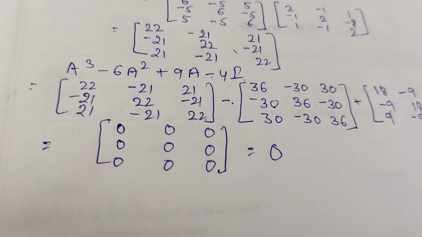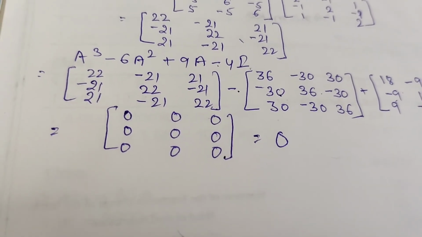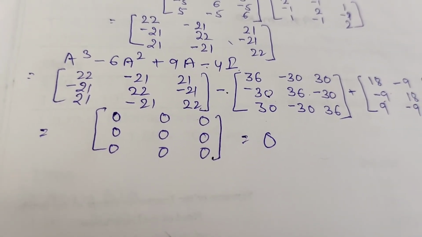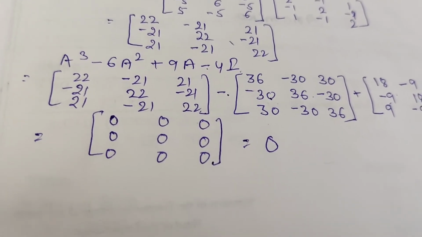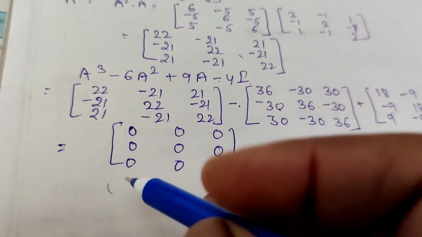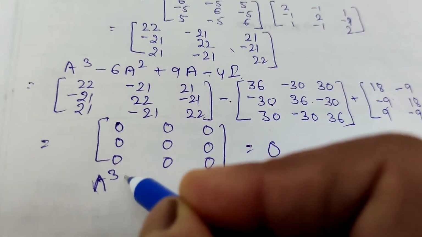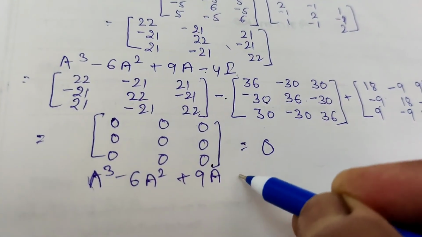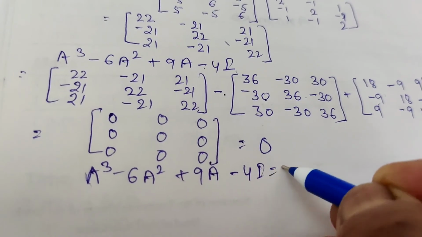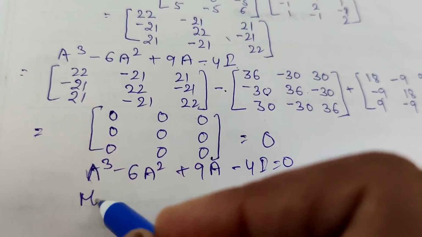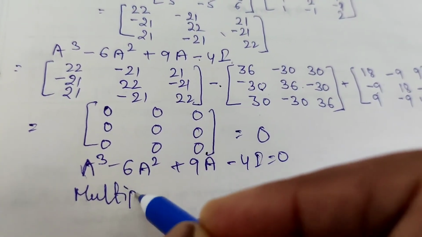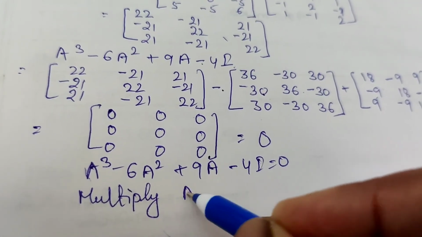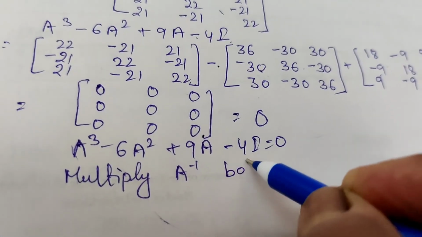Now again we have to find the A inverse. Okay, how to find the A inverse? The equation is A cube minus 6A square plus 9A minus 4I equal to 0. Multiply A inverse both sides.